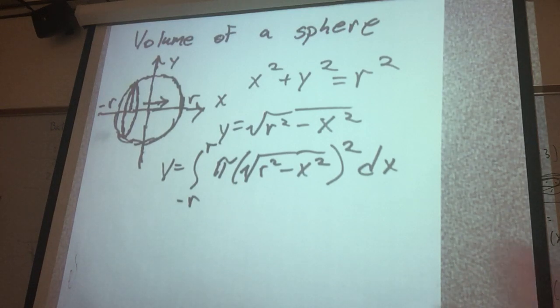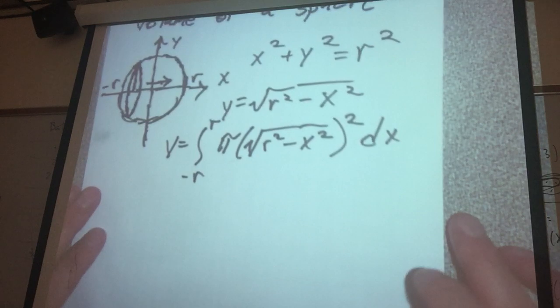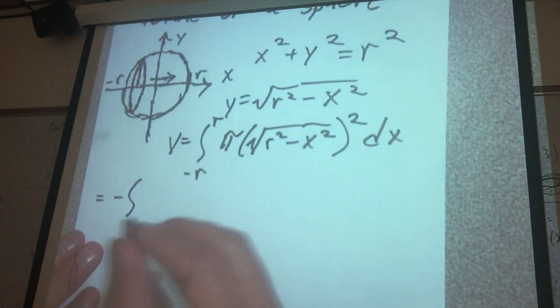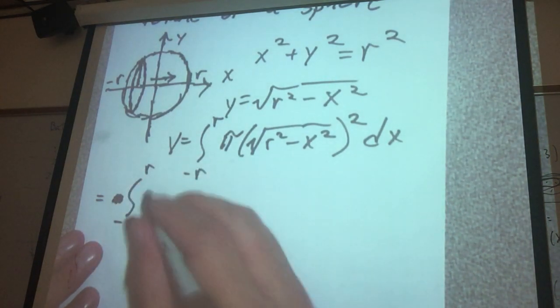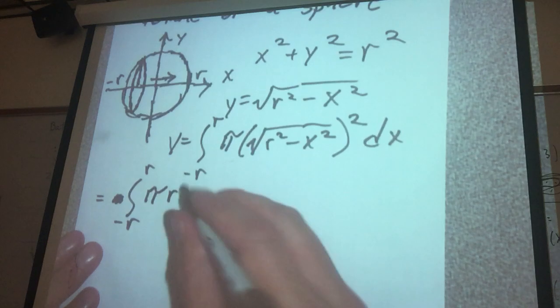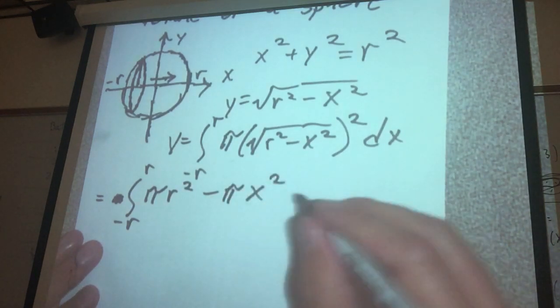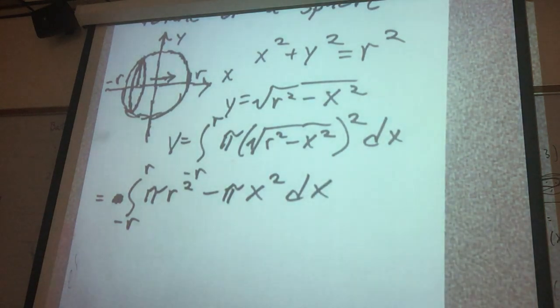Right? So this is going to equal the integral from negative r to r of pi times r squared minus pi times x squared, and we're going to do this integral with respect to x.